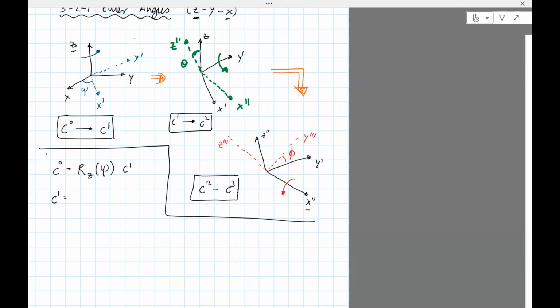Then C1 goes through a transformation about the Y-axis, Ry, parameterized by the angle theta, giving C2. And then C2 goes through Rx of phi to give C3.